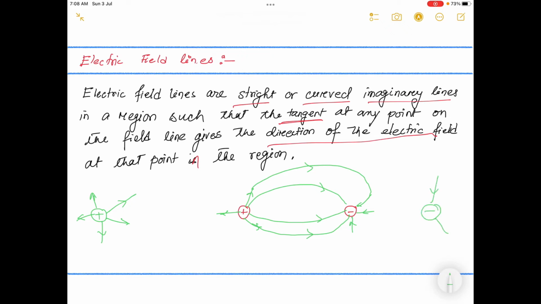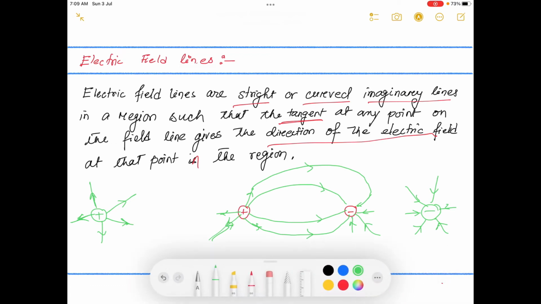The lines start from the positive charge and end at the negative charge. If the negative charge is alone, the direction should be radially inward. If the positive charge is alone, the direction of electric field lines should be radially outward. So if you have a pair of charges, the lines start at the positive charge, come out of it and go into the negative charge, like that.